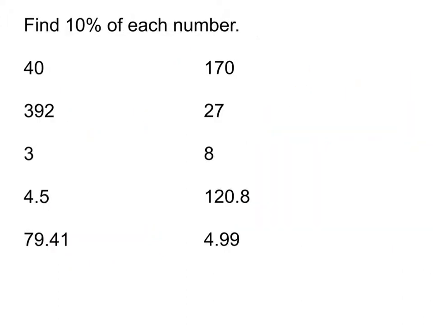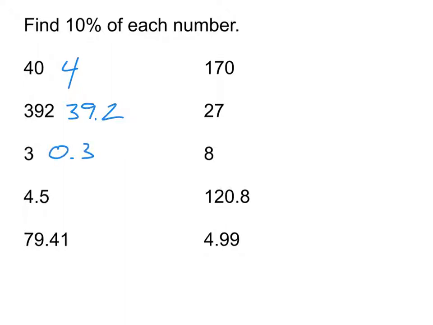So each of these numbers are going to work the same way, where we go ahead and find out what 10% of it is. Basically, we're just moving those decimals over one place. So for that first one, 40 times 0.1. It's going to be 4. Notice it's just 4. It's not 4% or anything like that. It's just 4. 392 becomes 39.2. 3. Well, if I have a decimal after the 3 like this, and I move it over 1, notice that becomes 0.3.